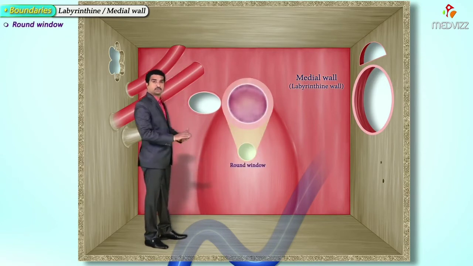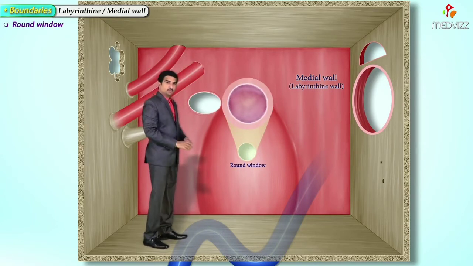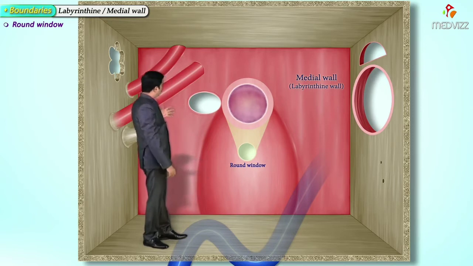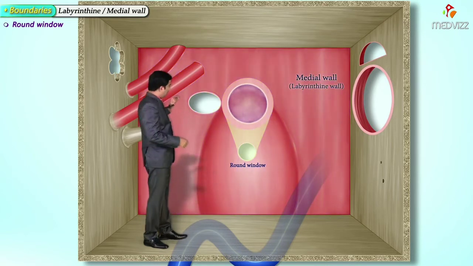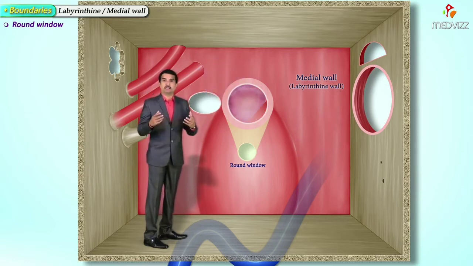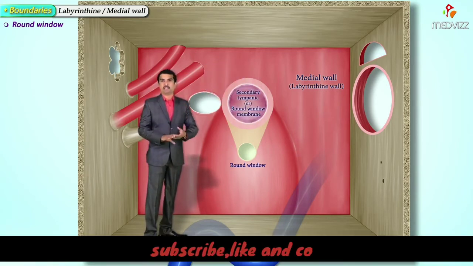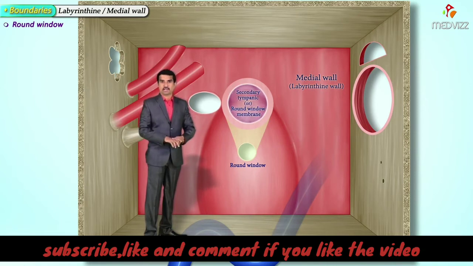We can see the structure, right? The round window is one of the two openings seen on the medial wall of the middle ear. It separates the middle ear from the inner ear, and it is sealed by a secondary tympanic membrane, also called the round window membrane.